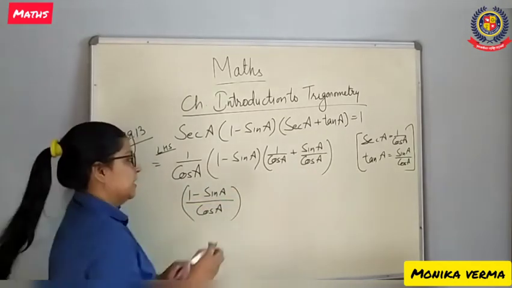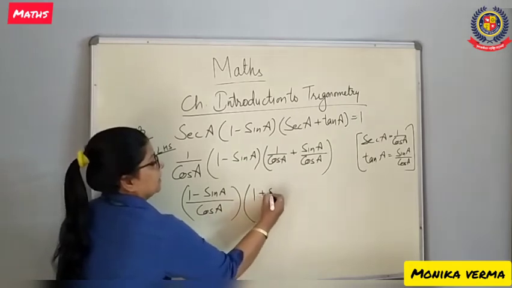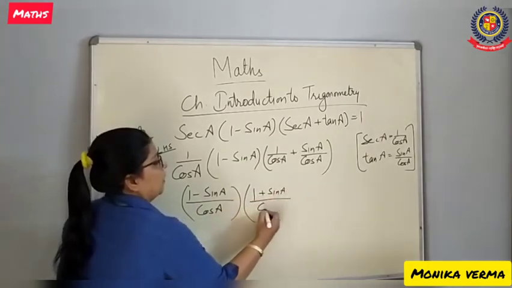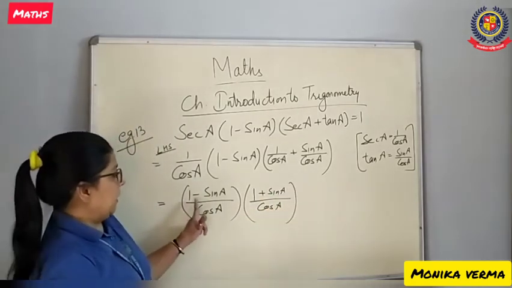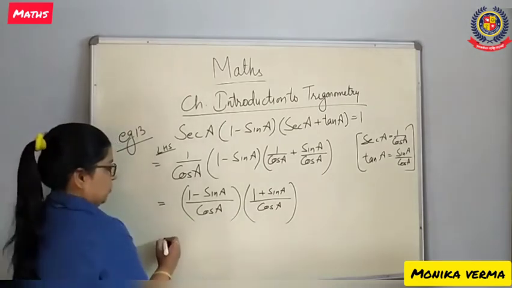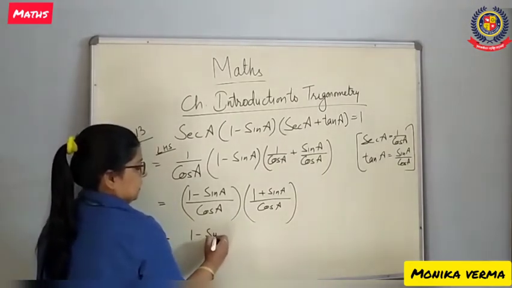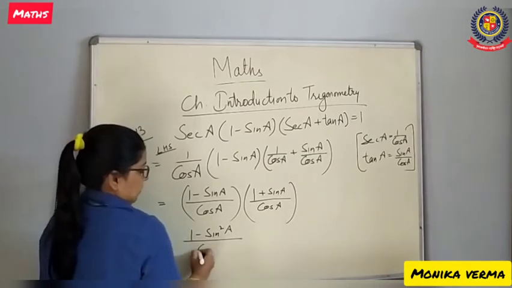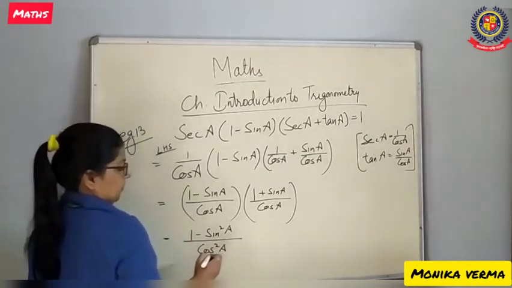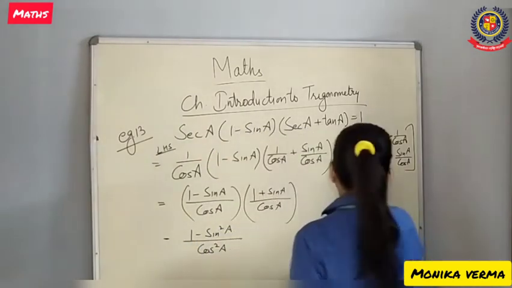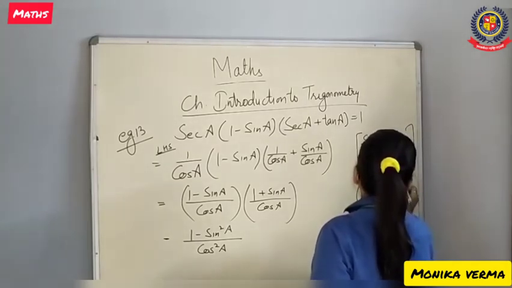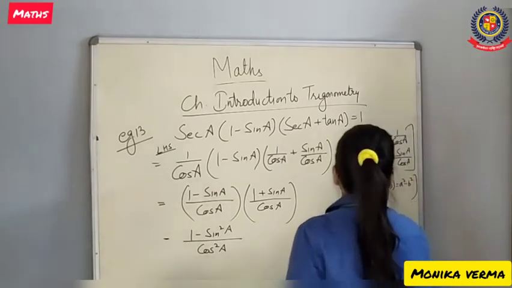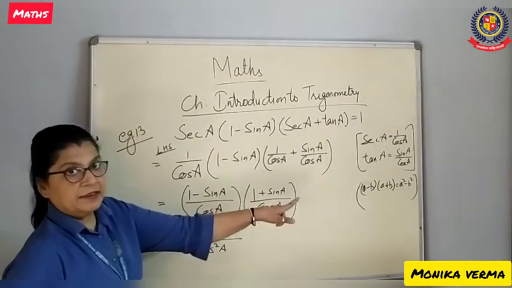Both the denominators are the same, so it will be 1 plus sin A upon cos A. Now A minus B, A plus B, so we will have 1 square minus sin square A upon cos square A. Whatever identity we use, we will write it there: A minus B, A plus B is equal to A square minus B square.